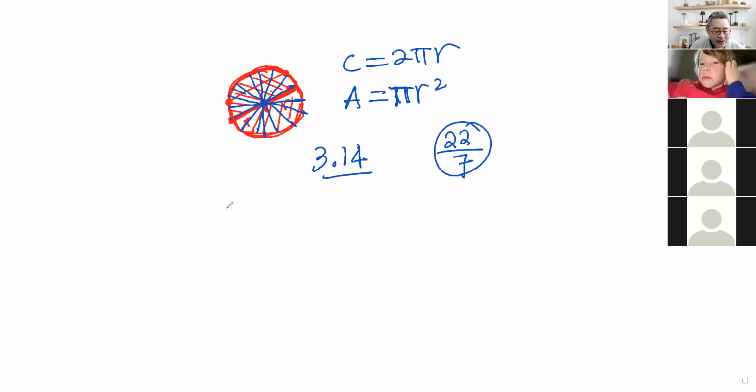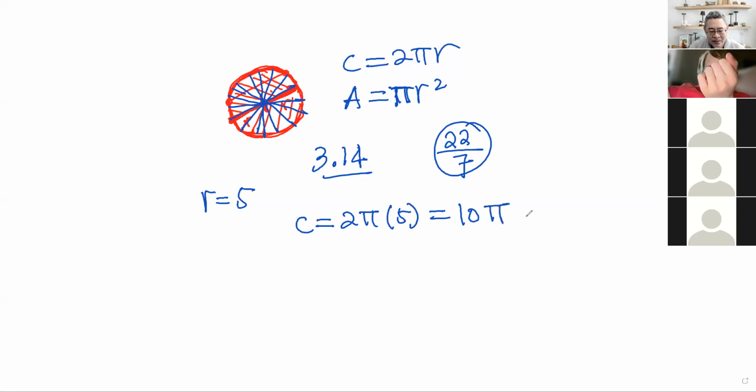Okay, so let's say we have a circle where r is 5. What's the circumference? The circumference is 2 pi r, which is 10 pi. If we want to be accurate, we just keep pi.